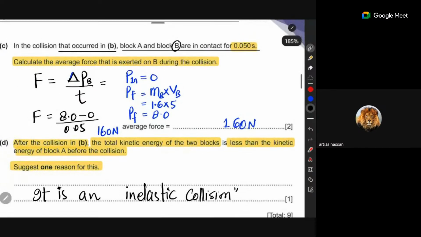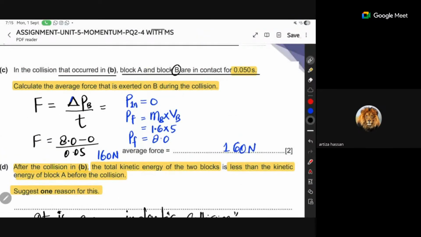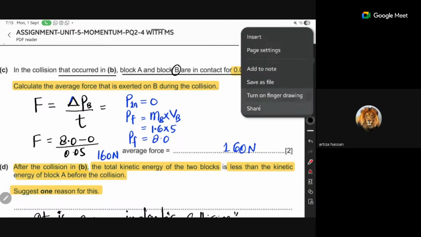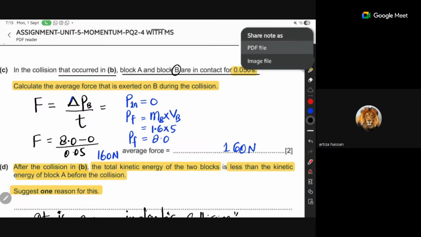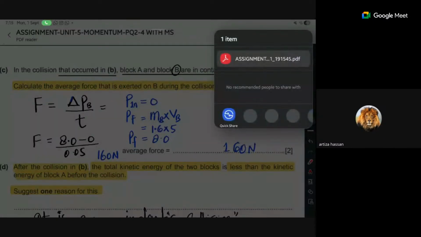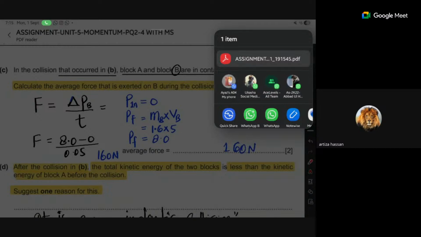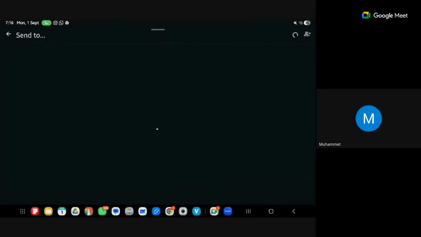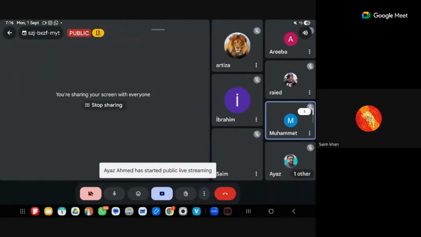So till this point, if you have any question, you can ask me, but I will give you some homework on this file. The remaining questions, which are almost 6 to 7 questions, are your homework. Okay? Yes sir.